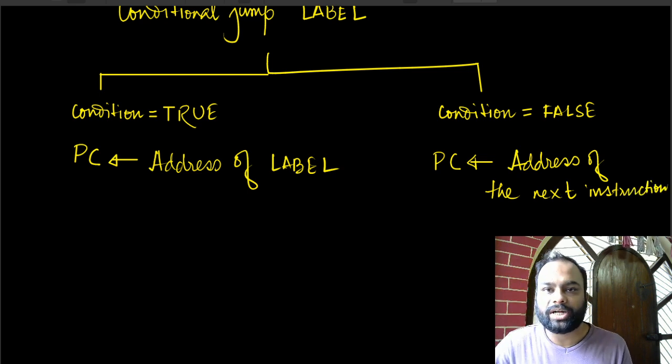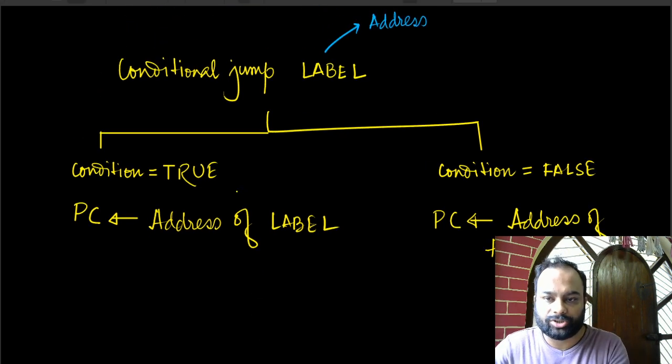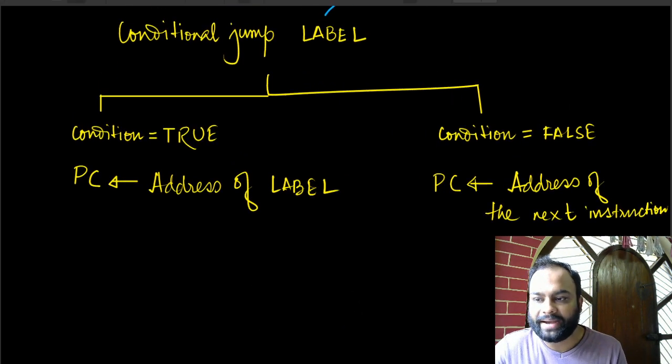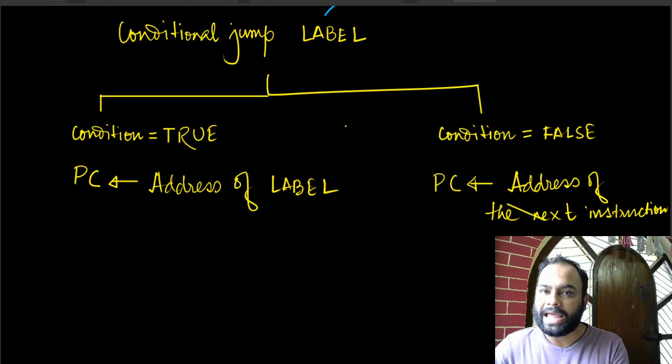And by next instruction, I mean the instruction that appears right next to the jump instruction itself. So that is how a conditional jump really works.